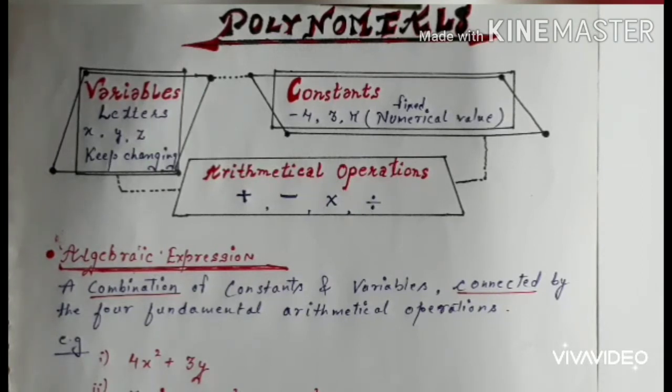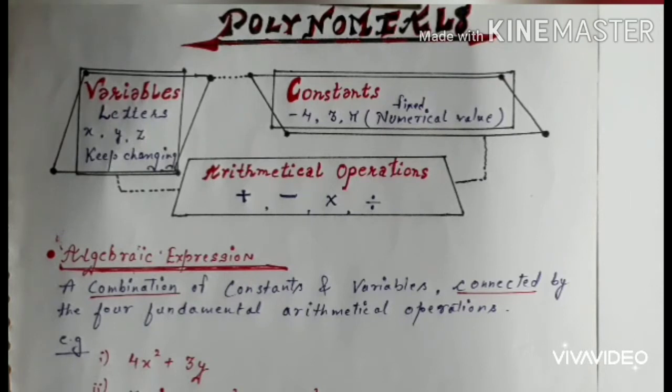And what about the arithmetic operation? Generally we have four arithmetic operations, that is plus, minus, multiplication and division. With the help of these we get the algebraic expression.